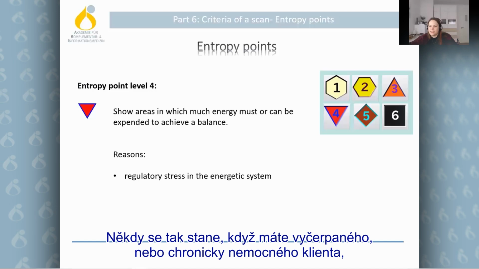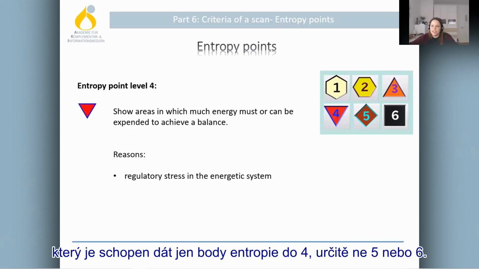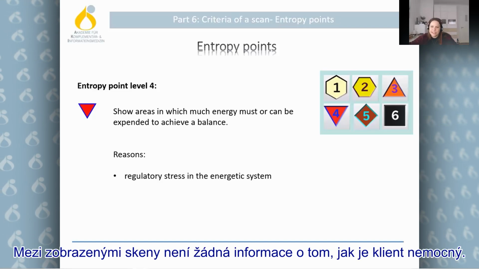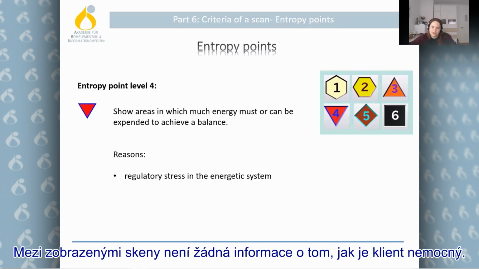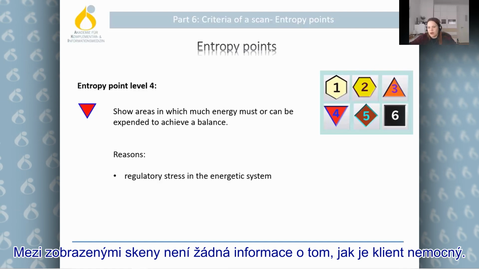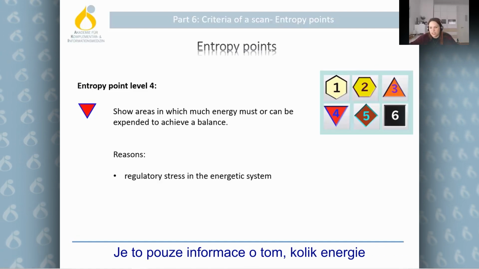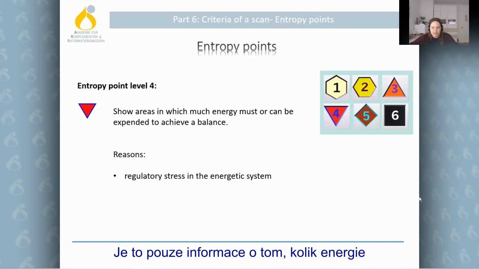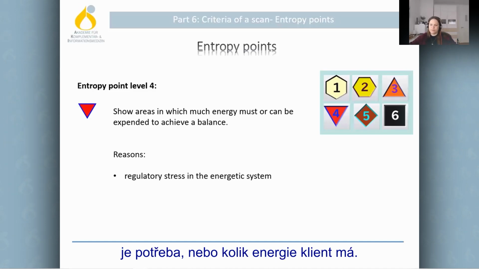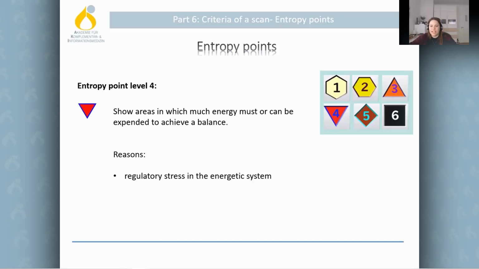So sometimes exhausted patients, chronically ill patients, are only able to give you entropy points up to 4, no 5 and no 6. So the green listed scan images are no information how ill the patient is. It's just information how much energy is needed or how much energy the patient has.